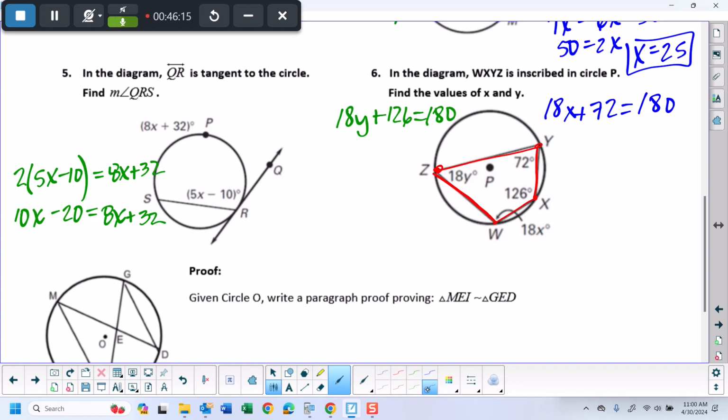That is because when you look at these endpoints, they take up the whole circle together. Here's this endpoint here. And this guy's endpoint is there. They take up that whole circle, so that's why 18x plus 72 is going to be 180.